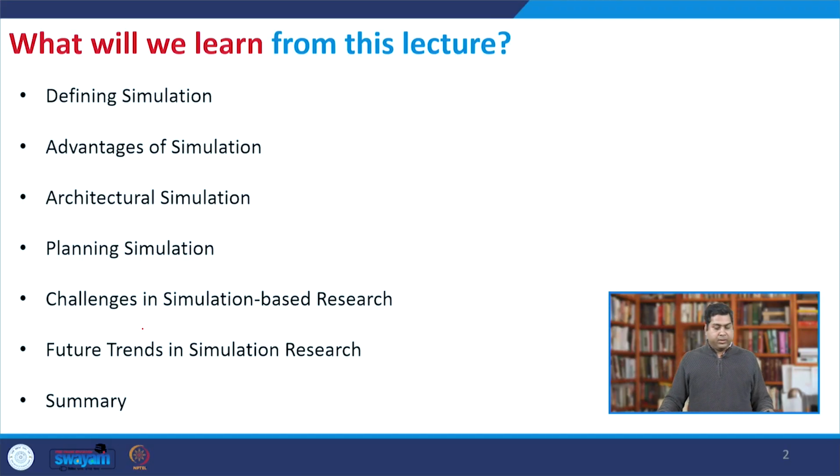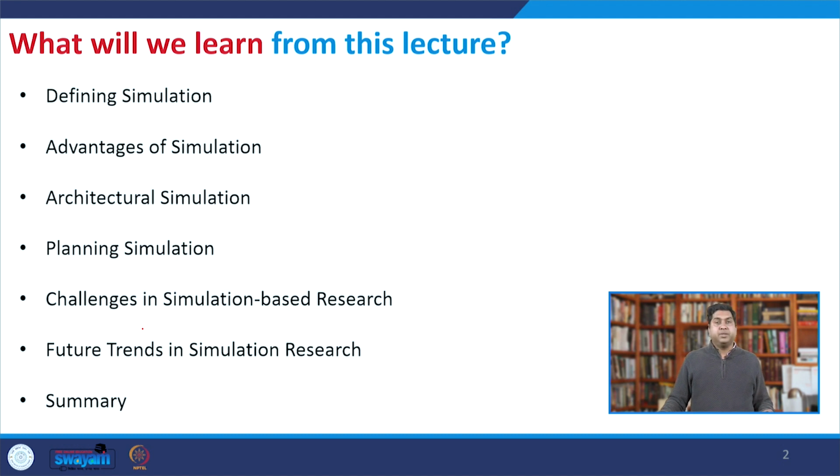Today we are at lecture number 56, titled Simulation Based Studies in Planning and Architecture. In this lecture we'll understand what simulation is, and discuss the advantages of applying simulation as a research method.